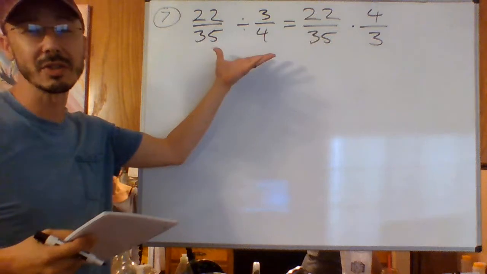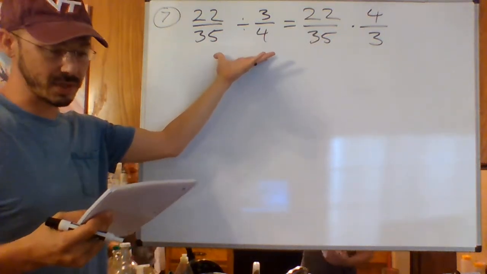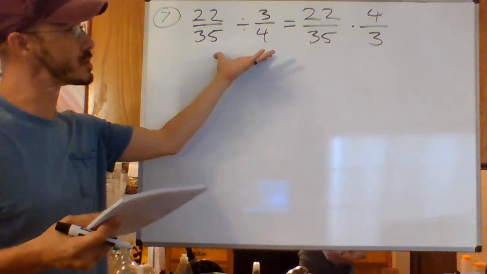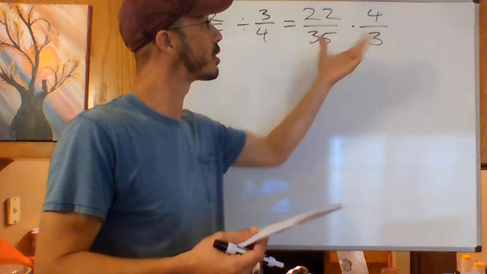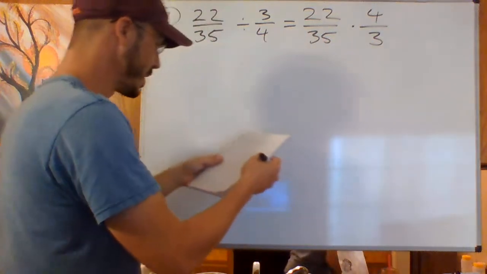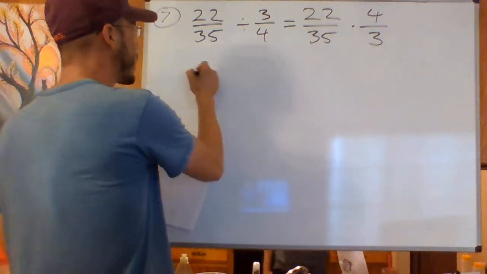And there are a lot of these division problems, so you're definitely going to have some of them. That's an important skill for working with fractions. The first step is to make it into a multiplication problem. Then look for common factors. And here, I don't see any common factors.